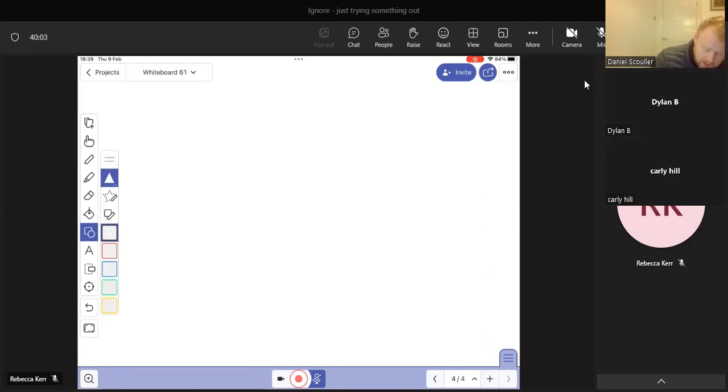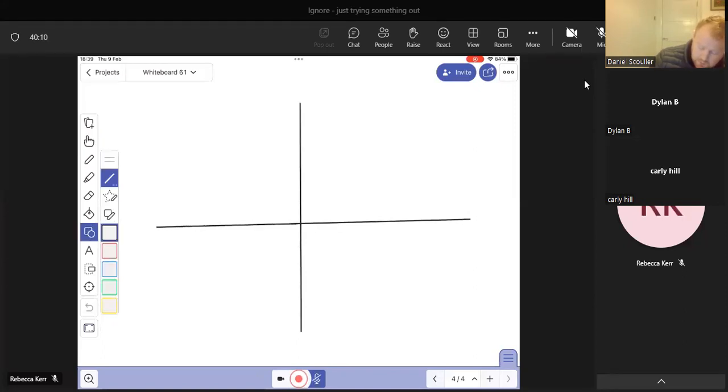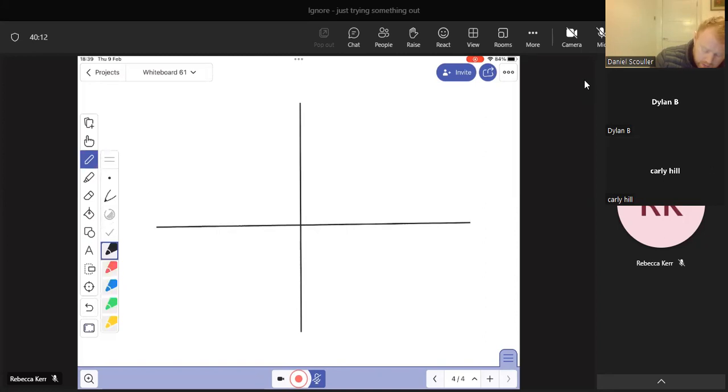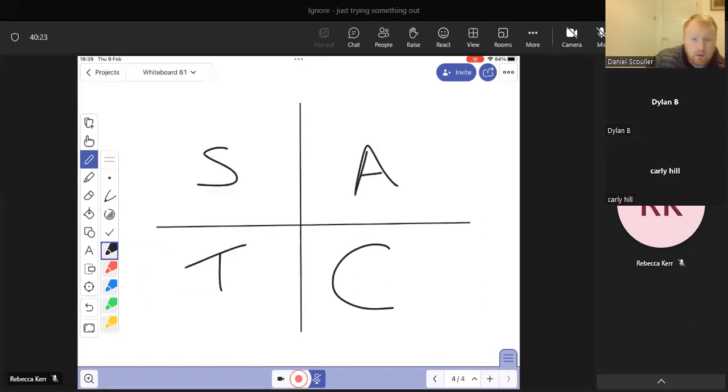So this cast diagram. Try and draw a nice straight line this time. So when I'm putting that in, C, A, S, and T. Okay, and you can put 0, 90, 180, 270.